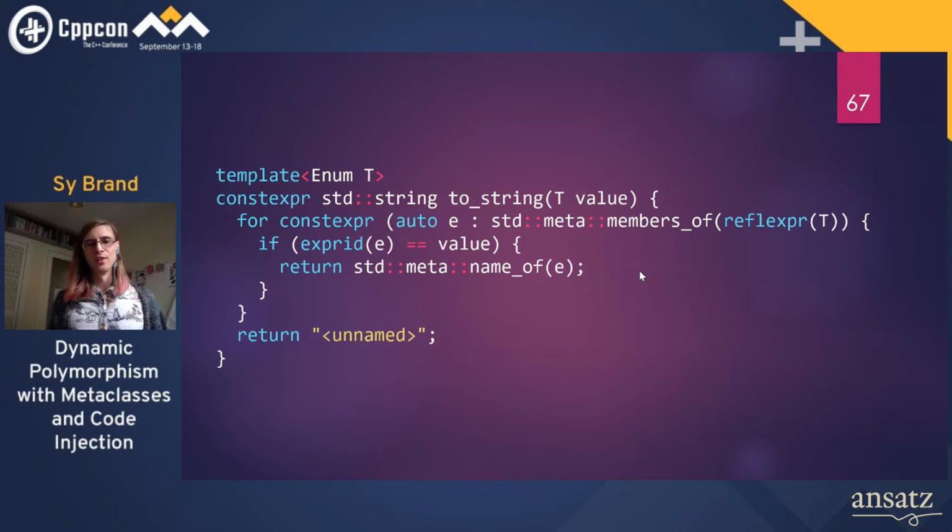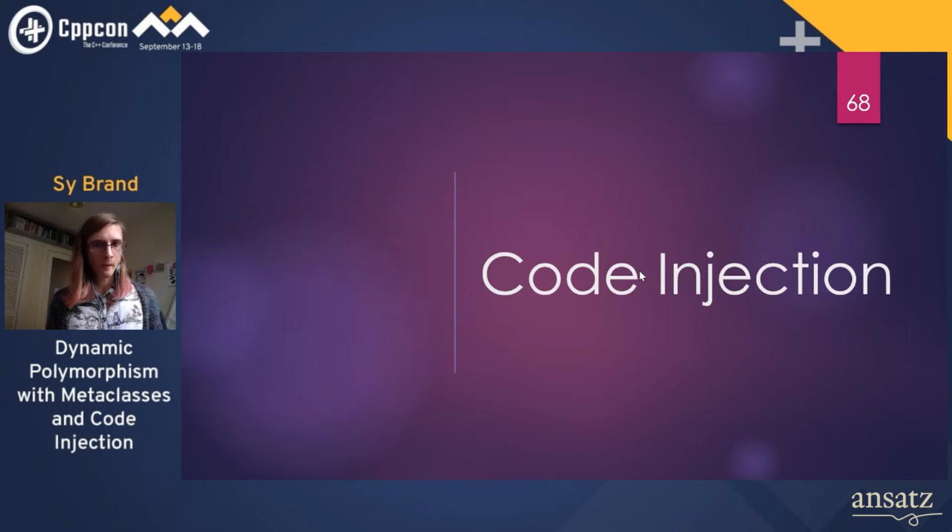Otherwise, we're going to return unnamed, because you can have values of an enum which are outside the range of things which actually have a name. So this is an implementation of enumerators to strings. It's much nicer than pretty much any solution we have in C++ today.